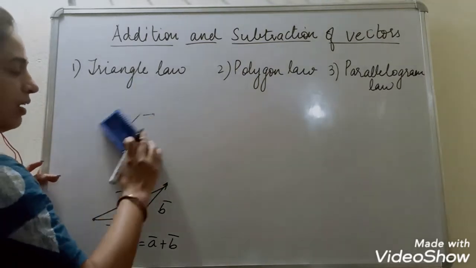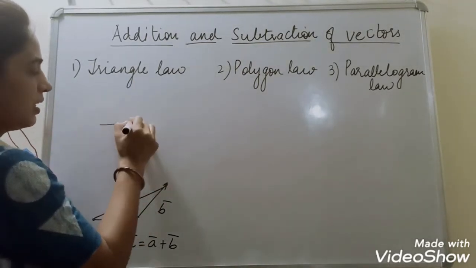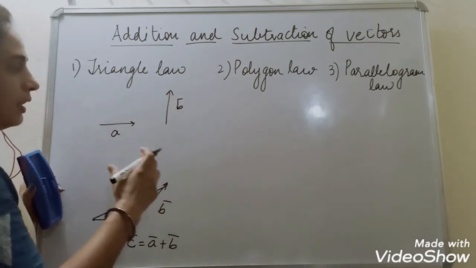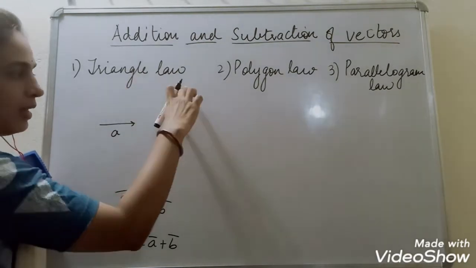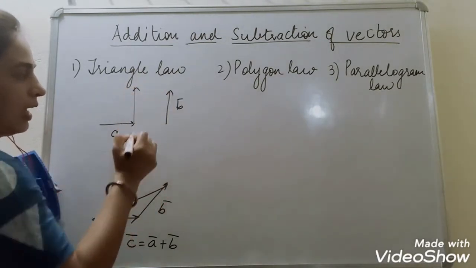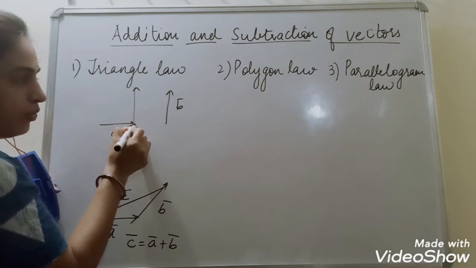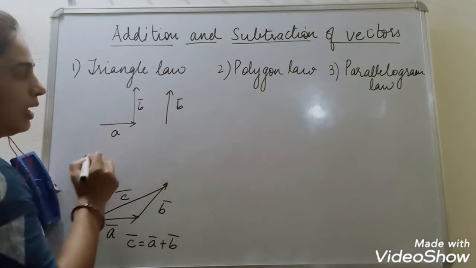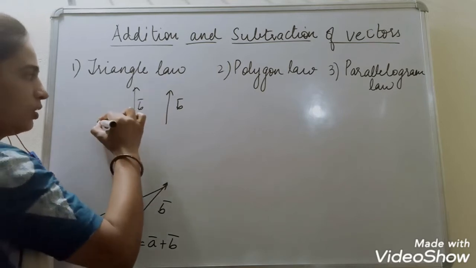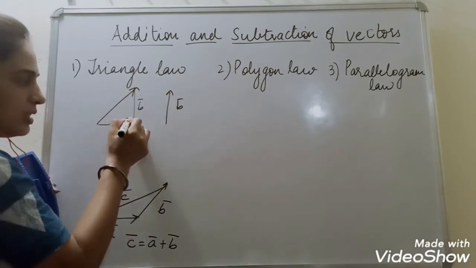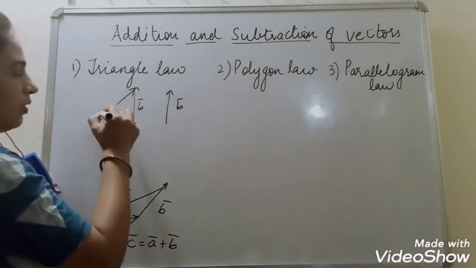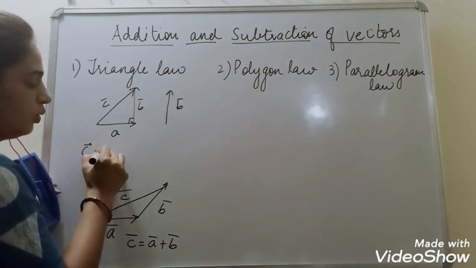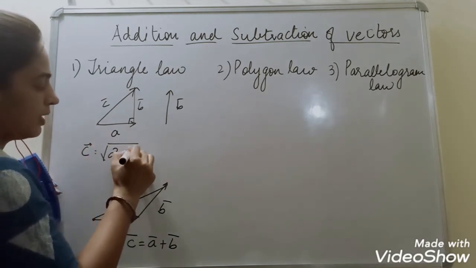If vector A and vector B would have been like this, for example vector A is like this and vector B is like this, then simply you can parallelly shift vector B and add it over here so that the tail of vector B joins the head of vector A. Okay, and then tail of A to head of B. Since this is a 90-degree right angle triangle, directly vector C will be equal to the square root of A squared plus B squared.